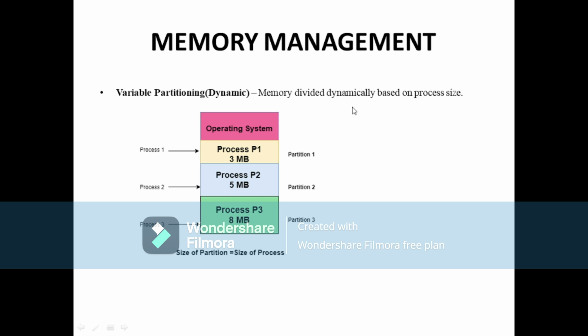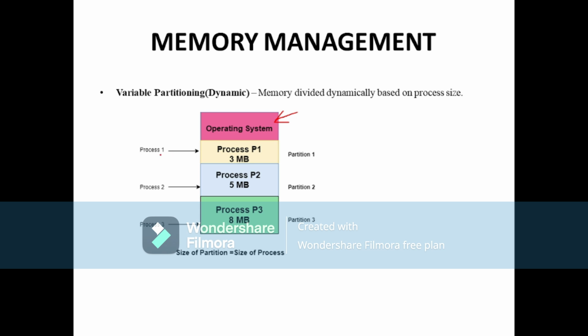It totally depends on the process size. As the process comes, that much memory is allocated to that particular process. In this diagram, this is a RAM, and there is some memory fixed and allocated for our operating system.